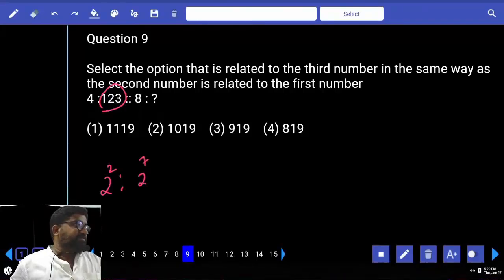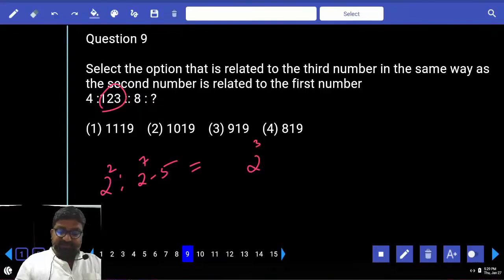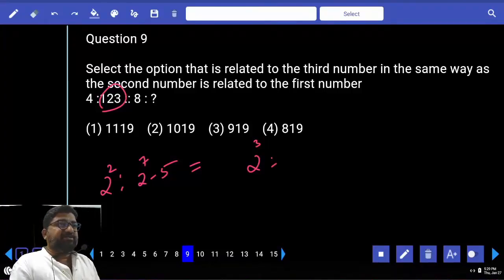What is 2 power 7? 128 minus 5. Right? Now 8 is given. How can we take 8? As 2 cube. Right? Here it is 2 power 7. So 2 power 2, 2 power 7. That means that n value is 2 and 7. How can 2 become 7? Plus 5. Maybe it is plus 5.